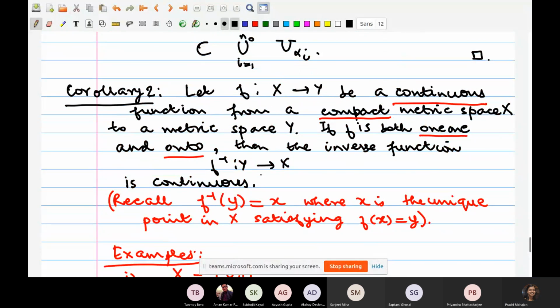X and Y are metric spaces. f is a function from X into Y. f by assumption is continuous, one-one and onto. X is compact, and we are required to show that the inverse map is also continuous, right?